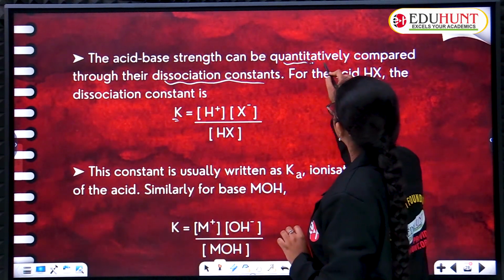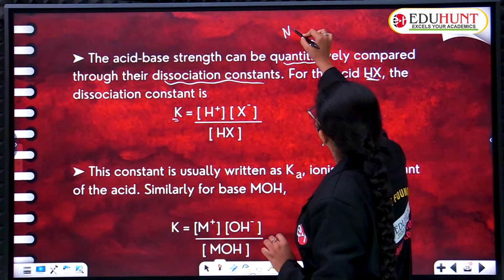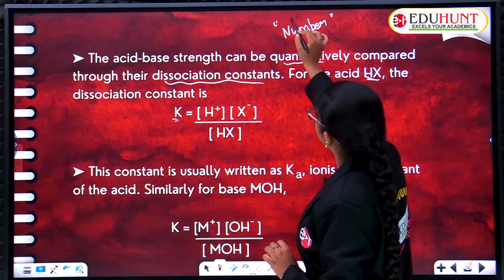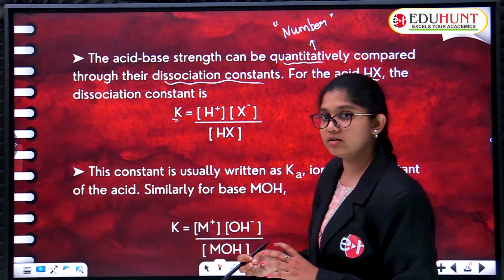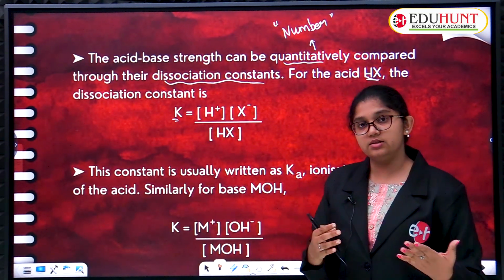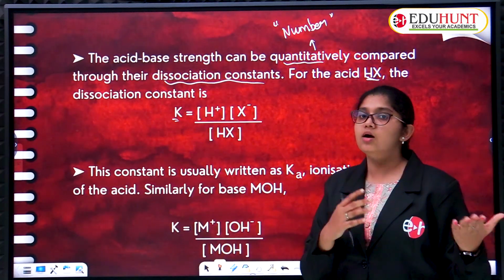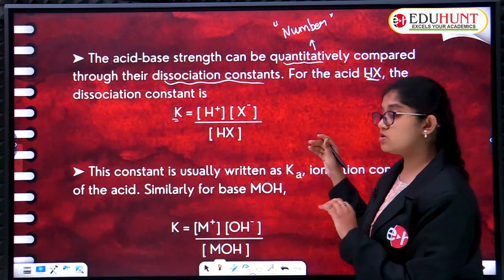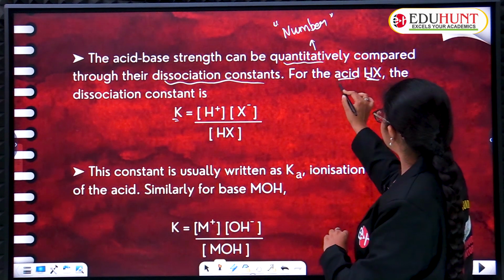Quantitative means it is telling about the number, total number. We know degree of dissociation is equal to number of dissociated molecules by total number of molecules, into 100.